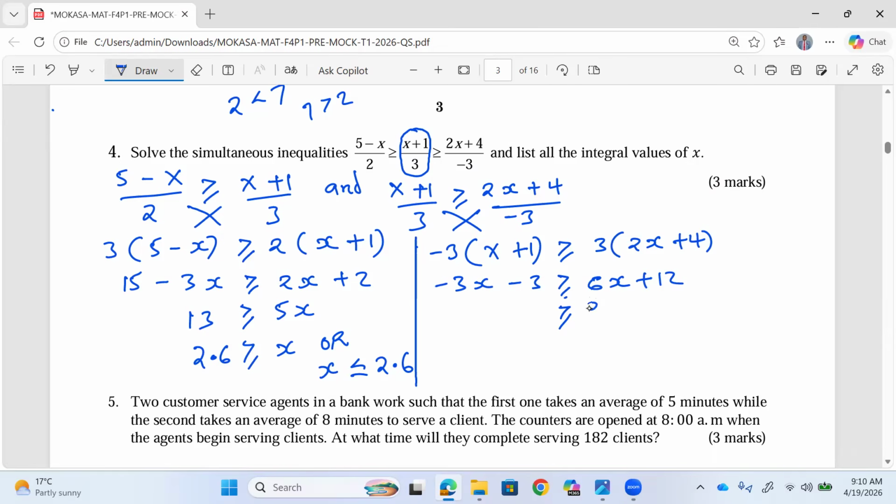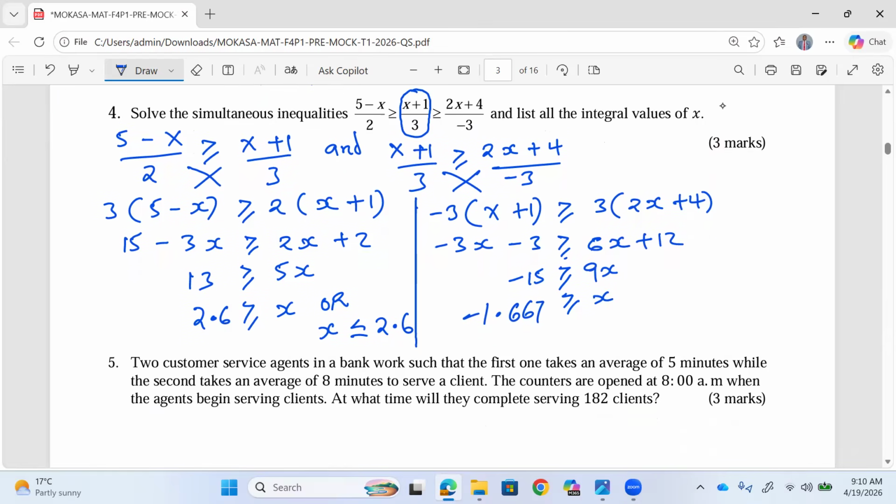This becomes negative 9x on one side, and negative 3 and 12 also will be subtracted, so it becomes negative 15. So how shall we remain with x alone? Simply by dividing negative 15 by 9, you get negative 1.667. So these are the values now.